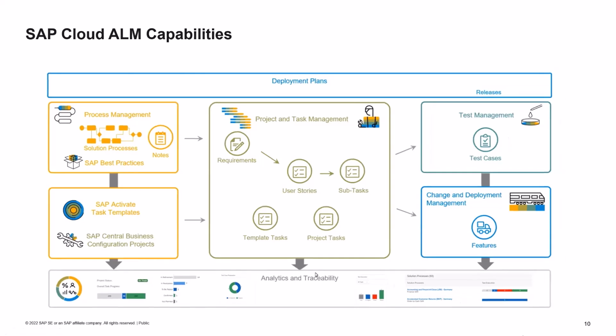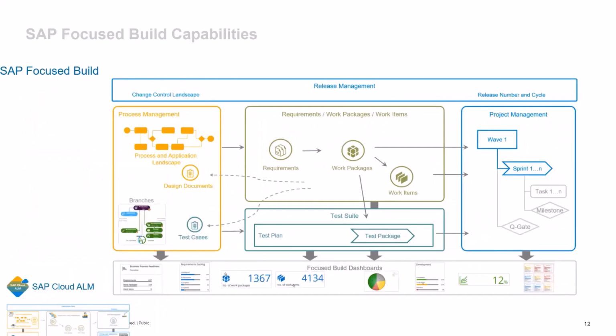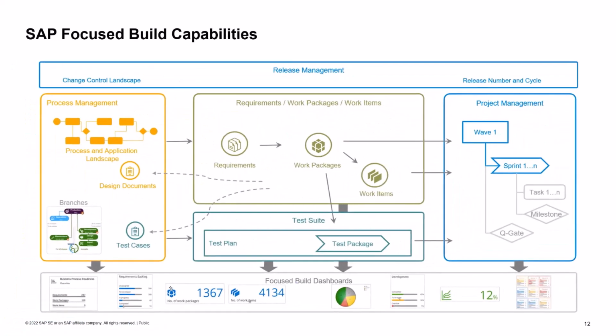So let's have a look at what's in Focus Build. How does the basic architecture look here? And you see it from the first glimpse. From the high-level capabilities, it's looking quite similar. We have as well process and application landscape.